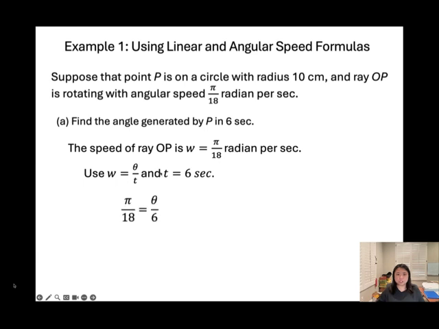They will be equal to each other, so you could use cross multiplication. So 18 theta equal to 6 pi, and then divide by 18 on both sides. Simplify it, so pi over 3 radians. Okay, we know the theta now.